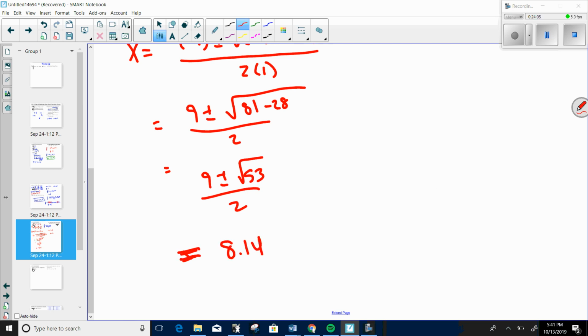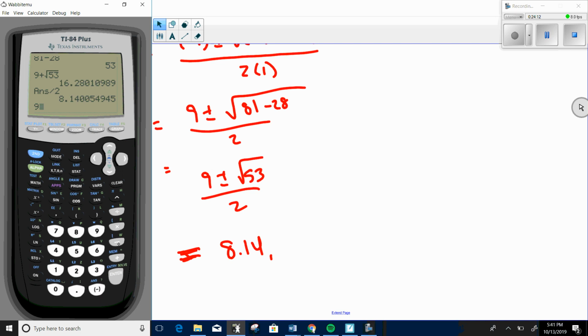This is an equal sign right here. And then I'm going to do the same thing, but I'm going to do minus. So I'm going to do 9 minus square root of 53 equals, divide that by 2, and I get 0.859 or 0.86.